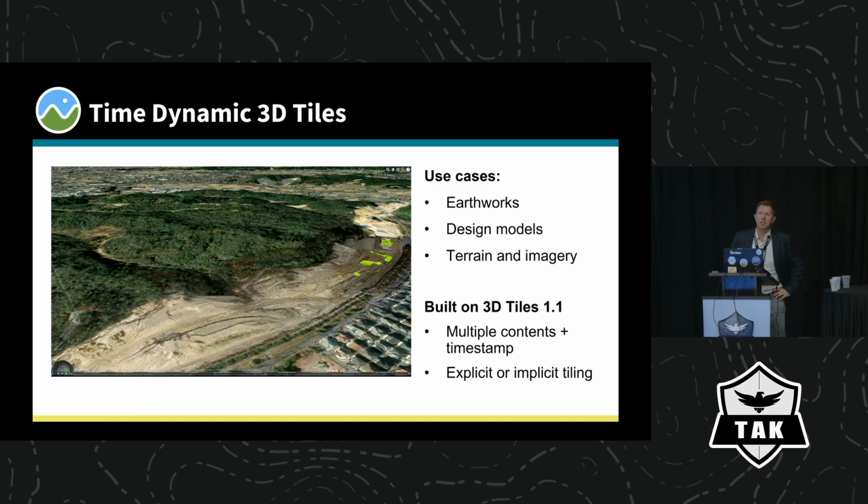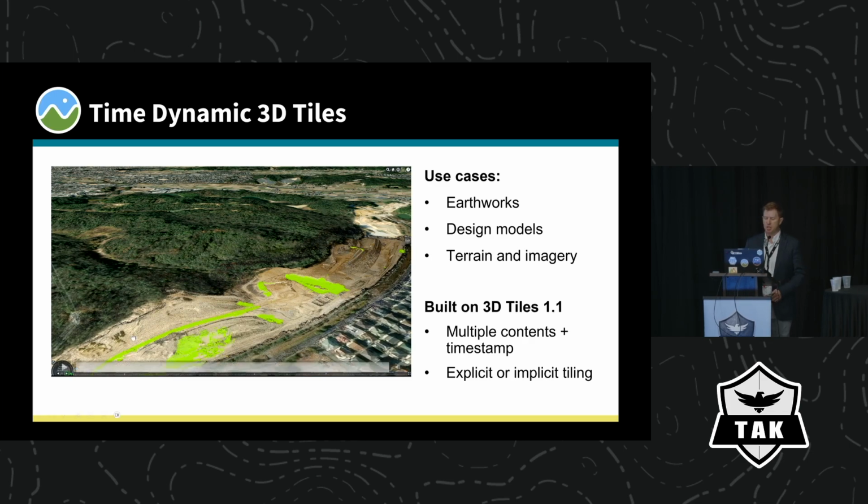So the way 3D tiles is structured, each glTF node will have a temporal aspect to it, and then you can visualize that change over time with the time dynamic 3D tiles. So we originally started this with Earthworks, with the scenario that you see here, and really excited to eventually bring this to the TAK community as well.